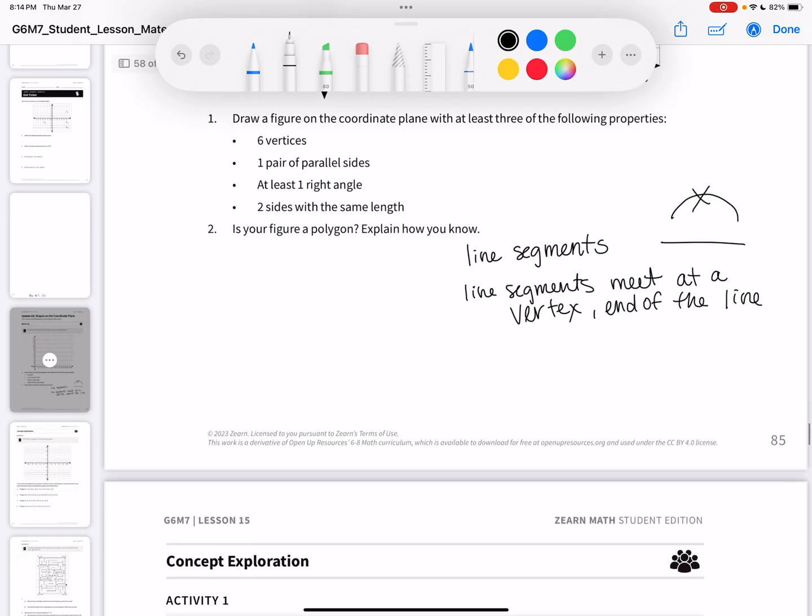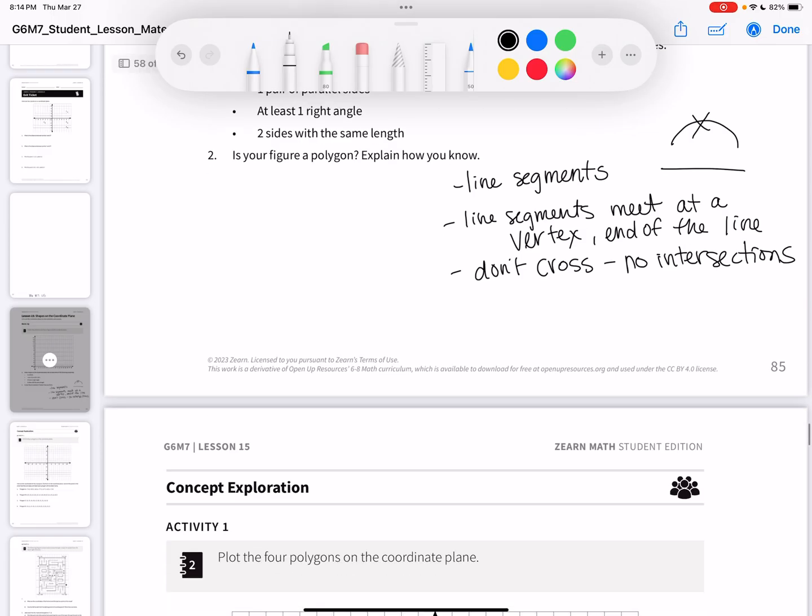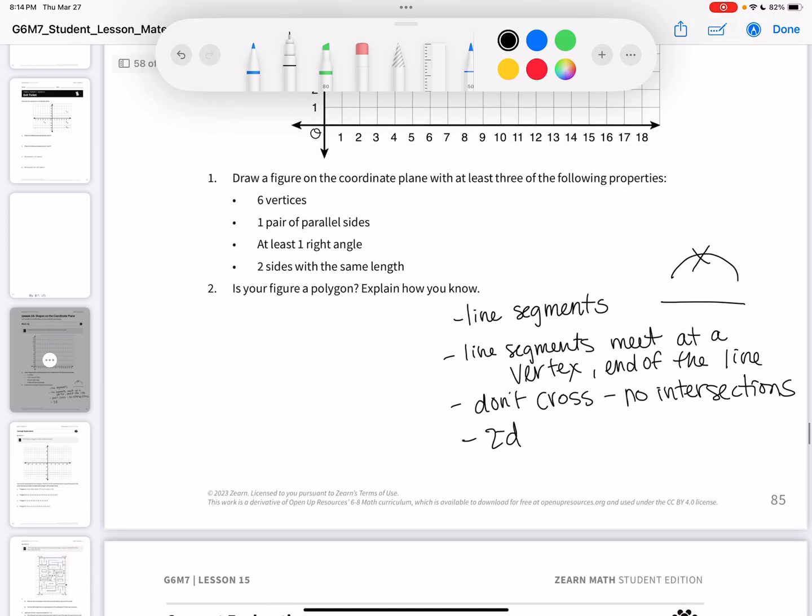And there are no intersections, they don't cross. And they're 2-dimensional shapes, 2D, right? And they are closed shapes.